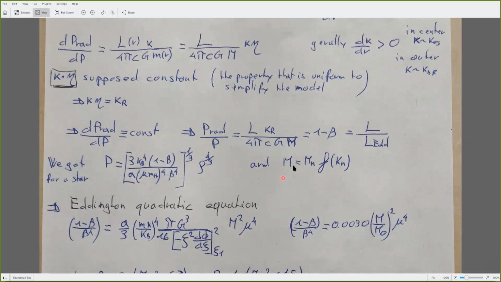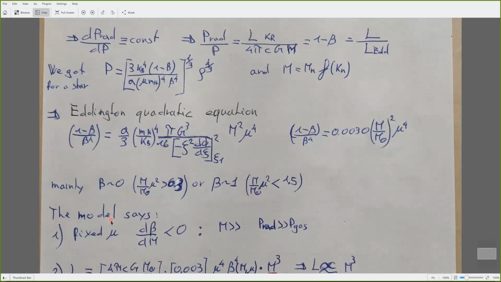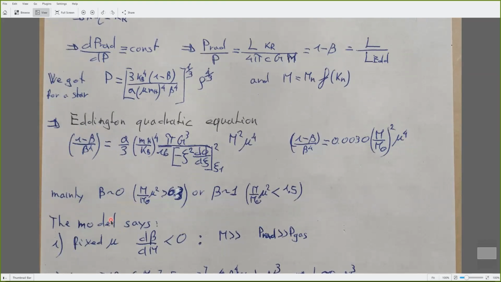we have this equation that is called the Eddington quadratic equation that gives us a relation between beta, the ratio between gas pressure and total pressure, and the total mass.